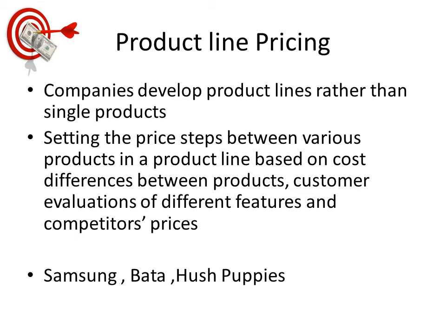And then they have Hush Puppies, which is again sold under the Bata brand, and Hush Puppies shoes start from 2,500 to 8,000. So you can see how the product line is maintained. Here there are two different brands selling at different price points.